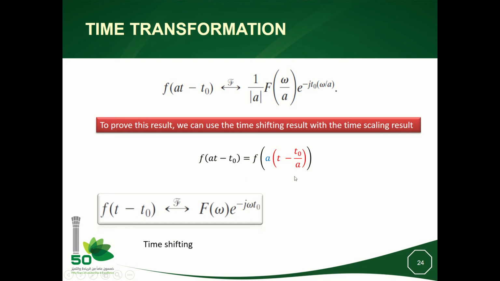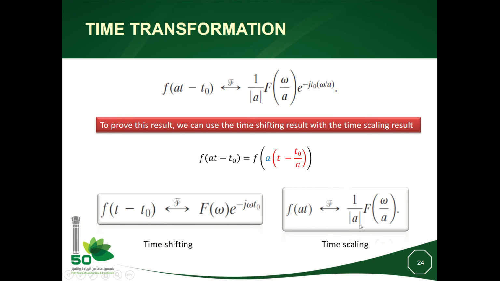So here, instead of having t0, we have t0 over a. It means we are expecting to have F of omega exponential minus j omega t0 over a, because the delay here is seen as t0 over a.